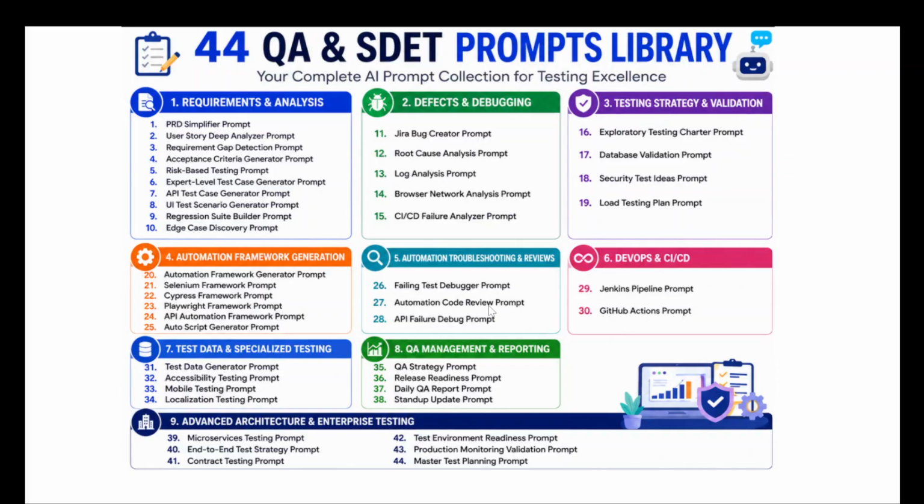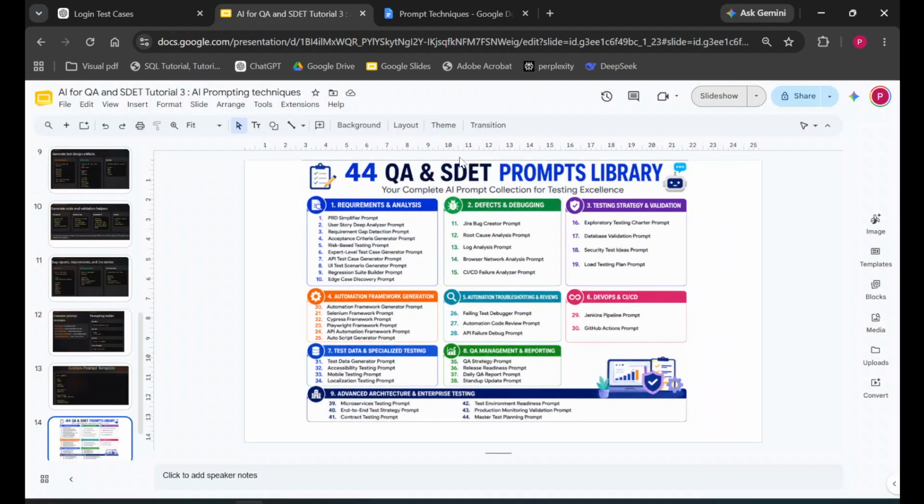There are also prompts for automation troubleshooting and reviews, some basic DevOps and CI/CD related prompts, test data and specialized testing prompts, QA management and reporting related prompts, and some advanced architecture and enterprise testing related basic prompts as well. All these prompts I have created inside one single PDF file.